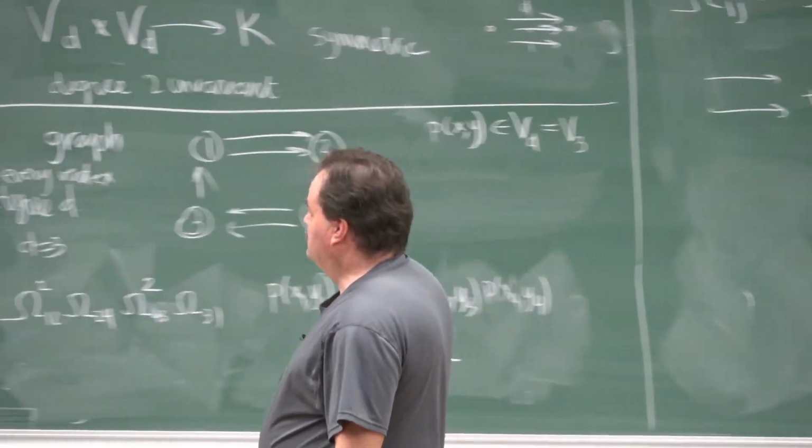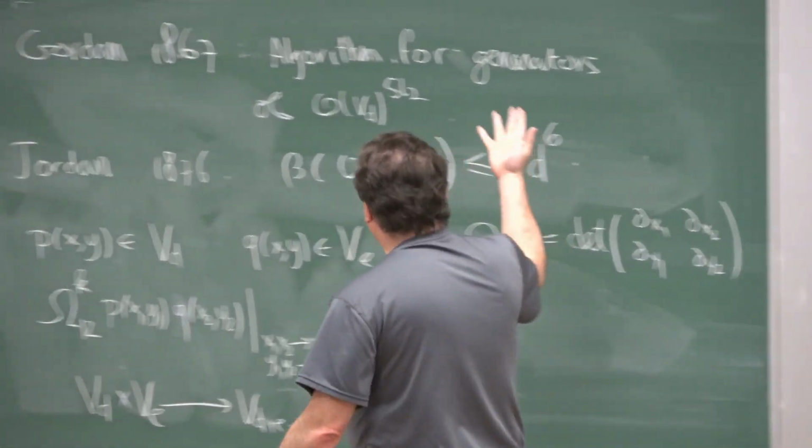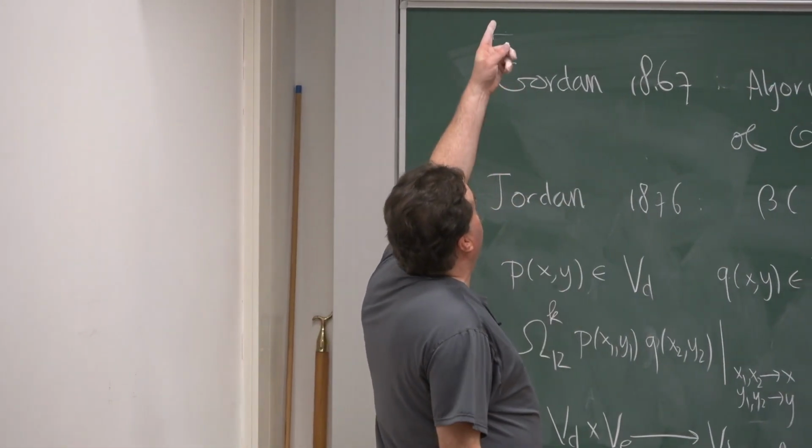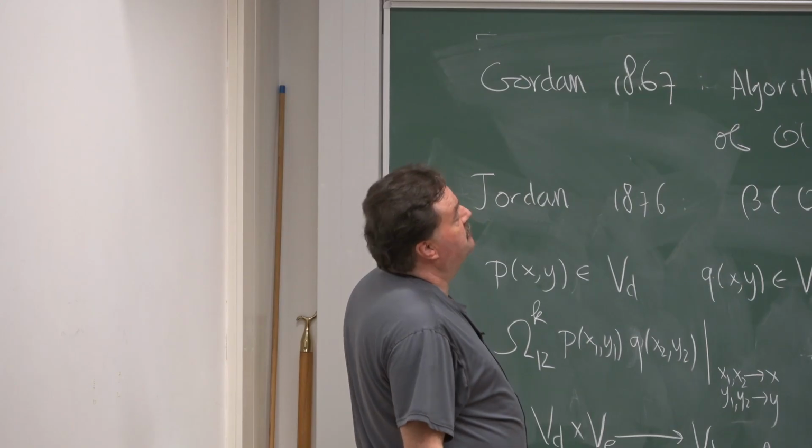The last thing I could say about, well, there are many things you could say, but the null cone, I think it has already been said in the previous lecture.